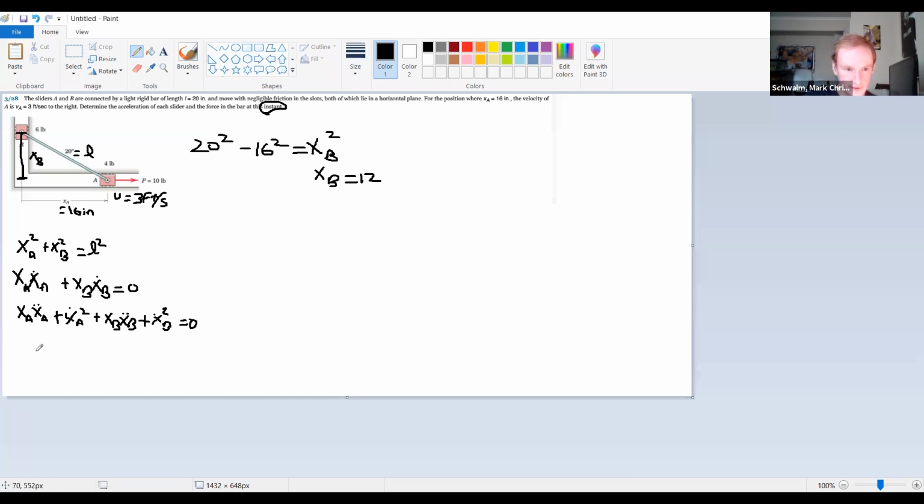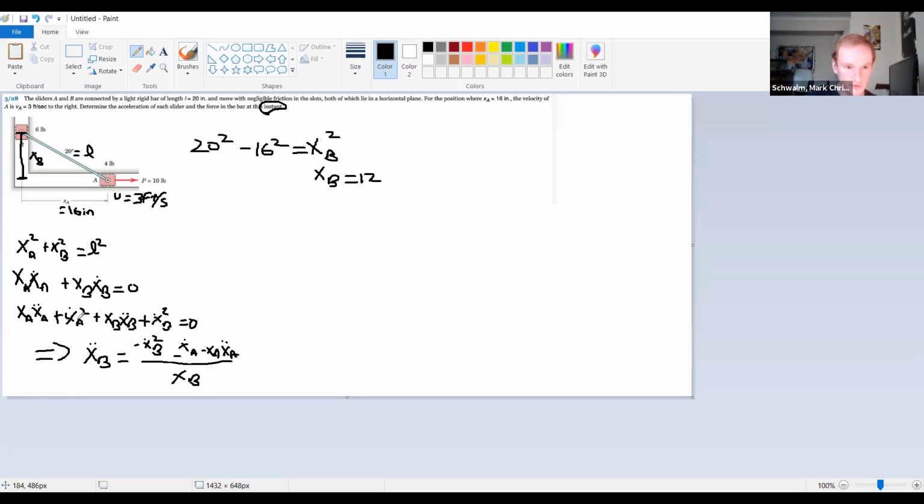After a little bit of manipulation, x double dot b is equal to negative x dot a squared minus x a x double dot a, all over x b.